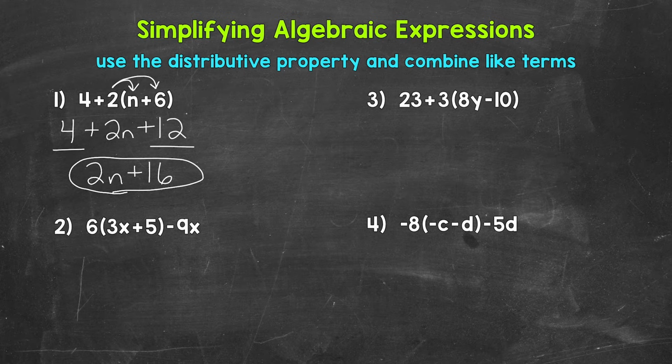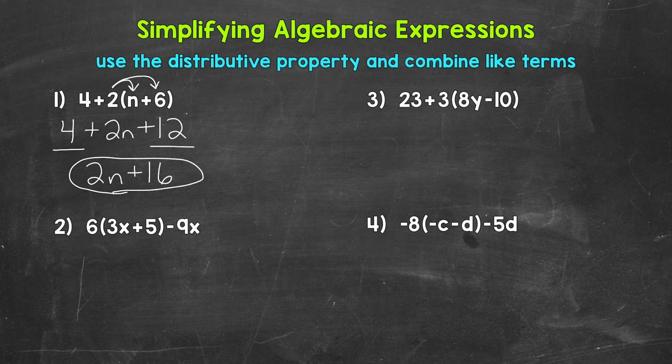So again, for number 1, we just have two terms, a variable term and then a constant term. So 2n plus 16 is our final simplified expression. Now that final simplified expression is equivalent to the original expression. We were just able to simplify that original expression by using the distributive property and combining like terms.